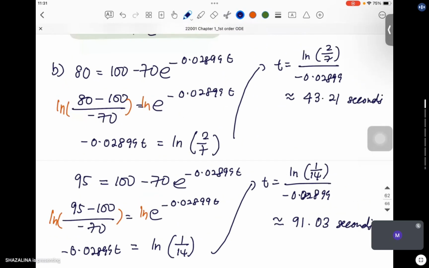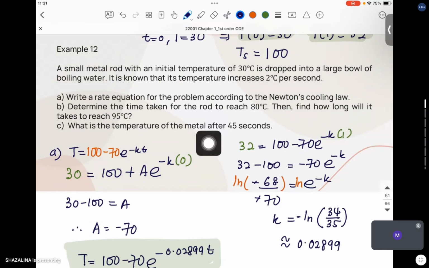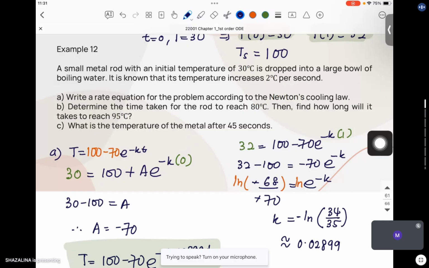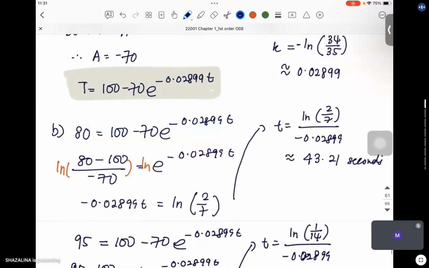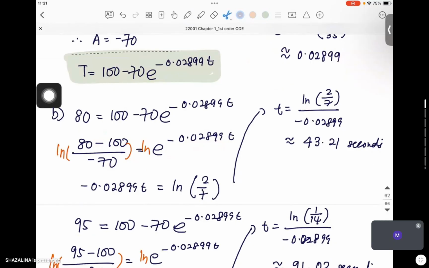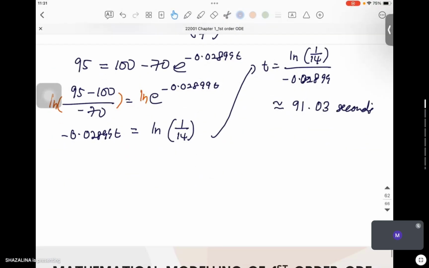Okay, kita dah jawab soalan B. Soalan C. What is the temperature of the metal after 45 seconds? Selepas 45 saat. Untuk kes ni dia nak tanya capital T berapa bila small t equals to 45. Pun sama, guna je balik.